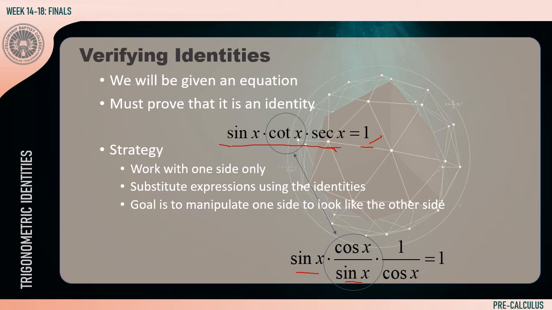Gamiton natin ang reciprocal identity sa secant x, which is 1 over cosine x. Pwede na natin ma-cancel ang cosine, pwede na natin ma-cancel ang sine x. Automatic, we have 1 sa atong left side sang equation which is equal to 1. So we have proven and verified that indeed it is an identity.